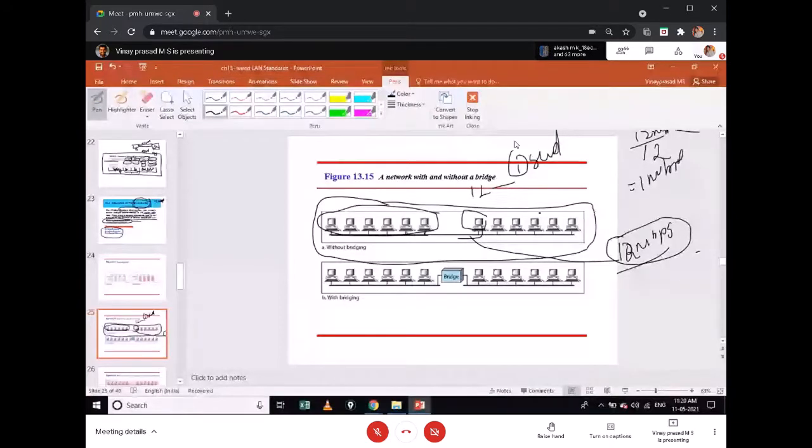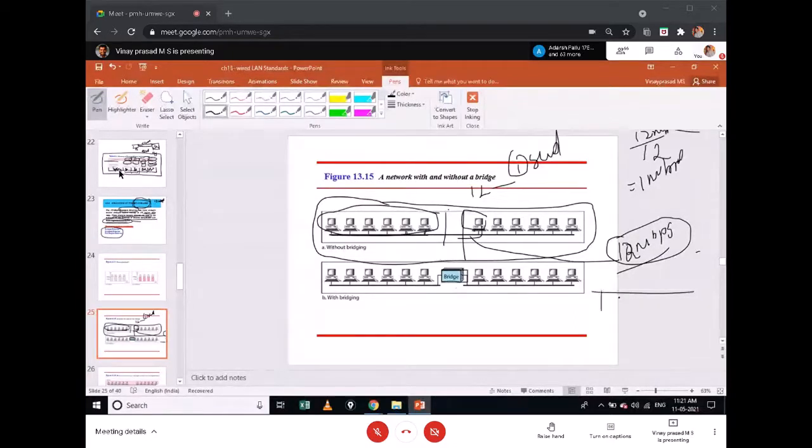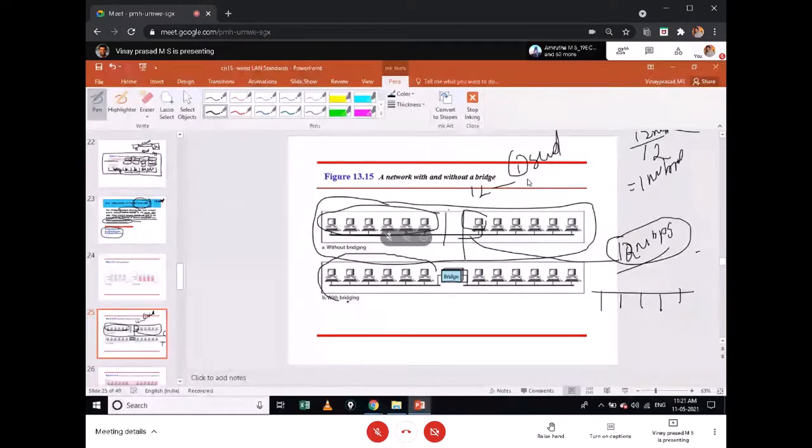Okay. So if you do segmenting, if this complete network segment is divided into two segments and you connect them with a bridge, then instead of one segment, I have made them into two segments and bridged the two segments with a bridge. What happens now? The number of users connected to a channel will be reduced after you segment, right? After you segment, this acts as one network segment and this acts as another network segment.